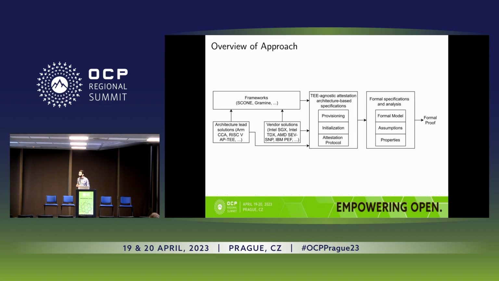And now when we have these kinds of specifications which are TE-agnostic, taking any trusted execution environment from either of these two categories or taking a complete framework, we can build these specifications, and now they are still not formal. So we need to convert them to formal specifications, which means they are represented in mathematical formulas, and then one can do a formal analysis, which means a mathematical analysis, prove some properties, provide some security guarantees, and have stronger assurances on the system.